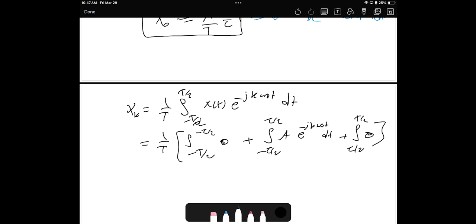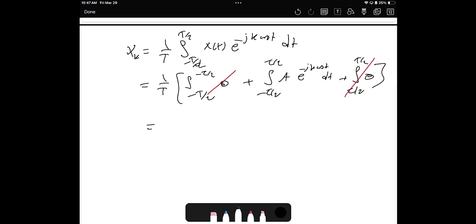So don't worry about it. These two are zeros, remove them. So at the end will be 1 over T, and I can put A outside of the integral, will be A over T, the integral from negative tau over 2 until tau over 2, e power negative jk omega naught t dt.